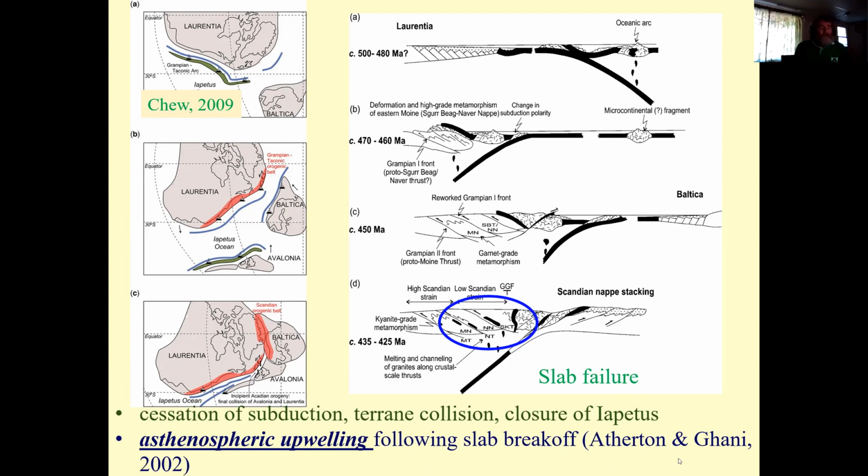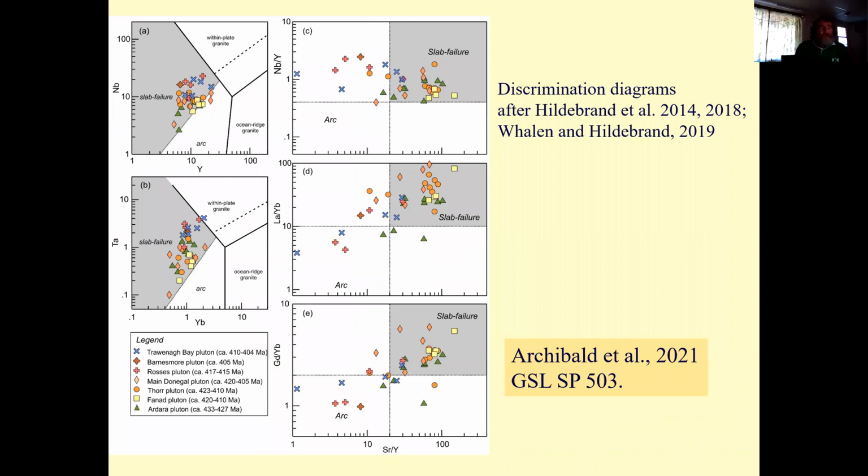And on the basis of that, Atherton and Ghani, almost 20 years ago now, maintained that the granitoid rocks were probably related to asthenospheric upwelling in the aftermath of slab breakoff, or if you prefer, slab failure. Since that time, we actually have, thanks to Bob Hildebrand and Joe Whalen, discrimination diagrams that can actually test and see whether the granitoid compositions do agree with that.